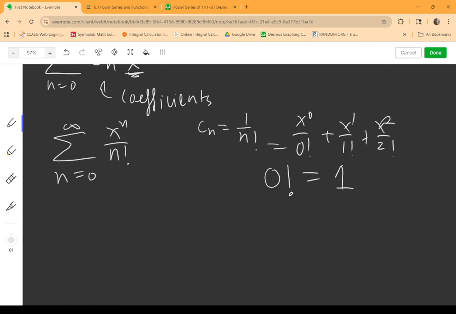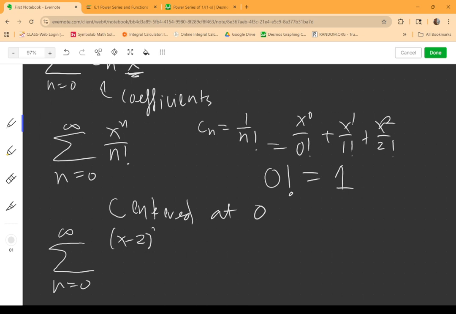Okay, now a type of power series like this, where it's just x to the n, we call that it is centered at 0. Now consider a certain type of power series, for example, the sum of x minus 2 to the n over n plus 1 times 3 to the n.